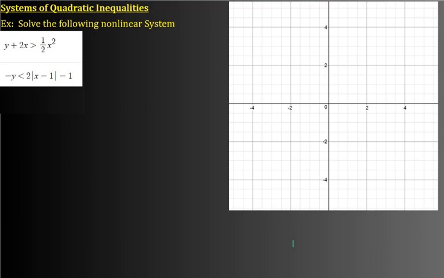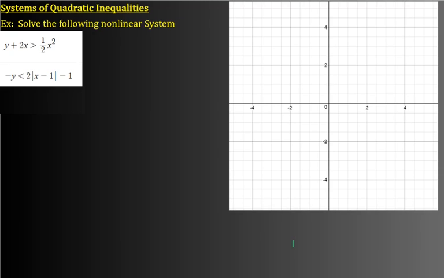All right, so systems of quadratic inequalities. So really the only difference here is that we have to use what we learned about graphing quadratics to graph the system. So you'll see in the homework problems, there's some quadratics in every problem.